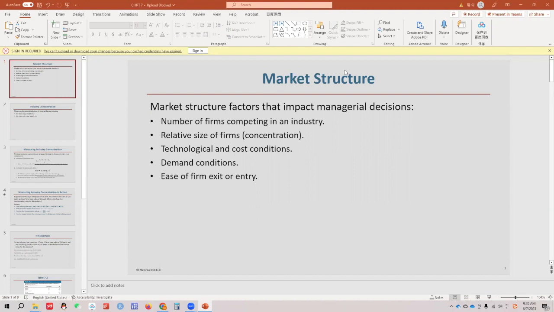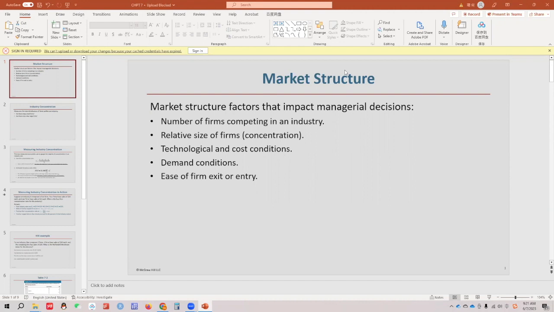Number of firms, easy to observe. Technological and cost conditions are determined by the features of the industry itself, observable. Demand conditions are measured by elasticity of consumers. The more elastic it is, the more alternatives the consumer has. They're more sensitive to price change.